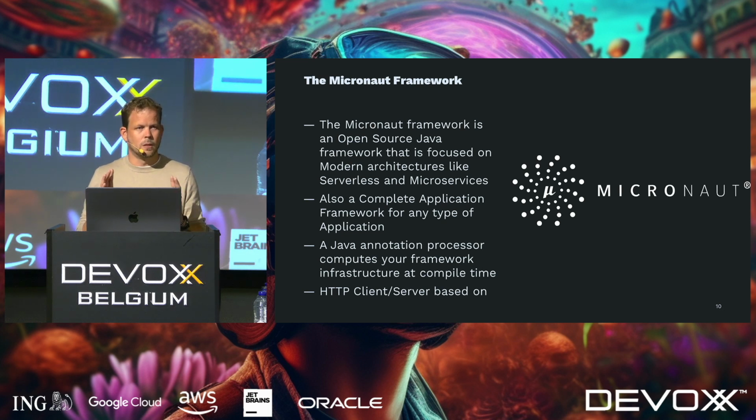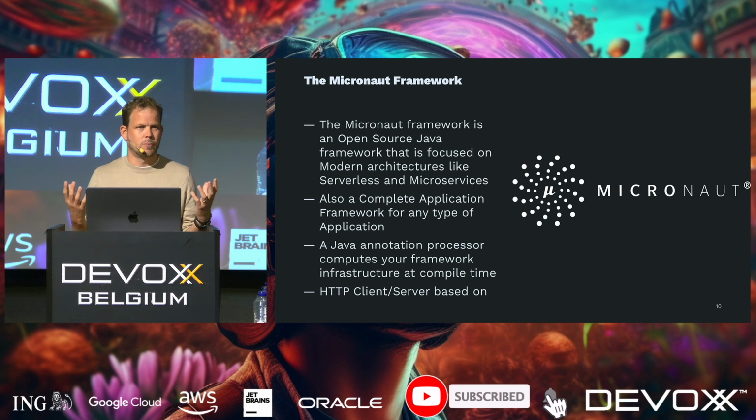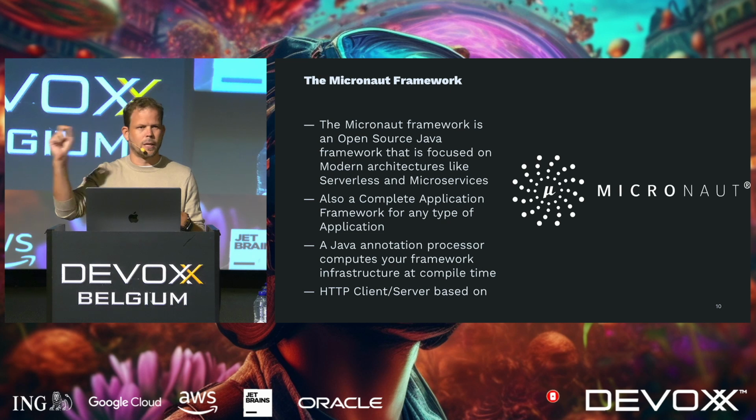It plugs into the Java compiler, or we actually support three different languages, so also the Groovy compiler or the Kotlin compiler, and pre-computes how, for example with dependency injection, an object is wired together, and indexes it to say this is discoverable at runtime. It creates the bean index during the compilation phase, and creates a type that knows how to wire the object together without having to work that out at runtime.